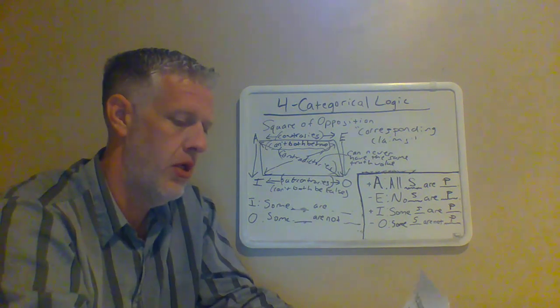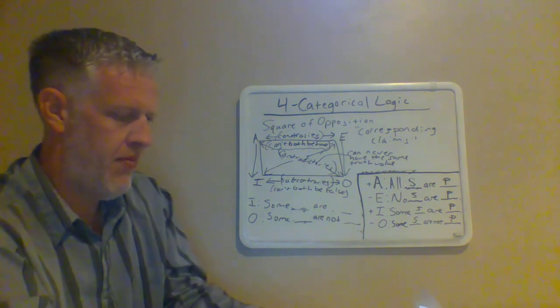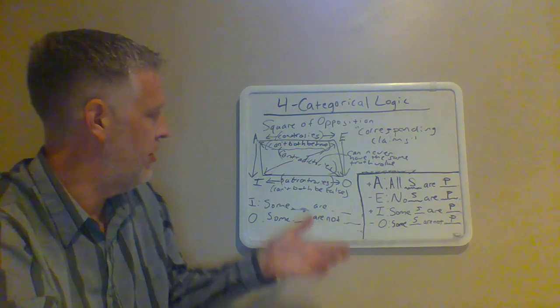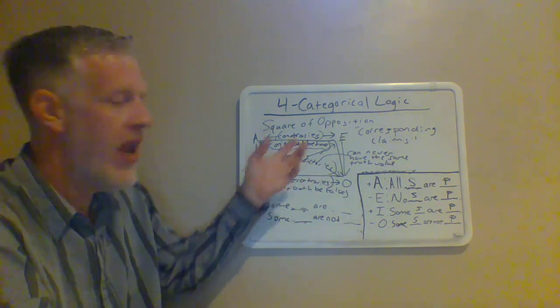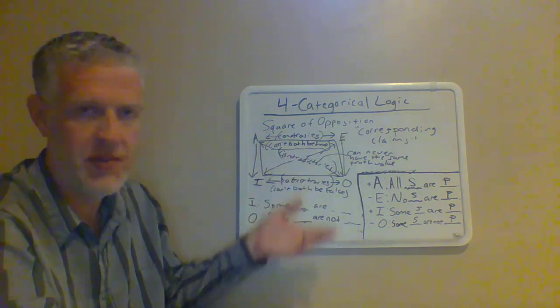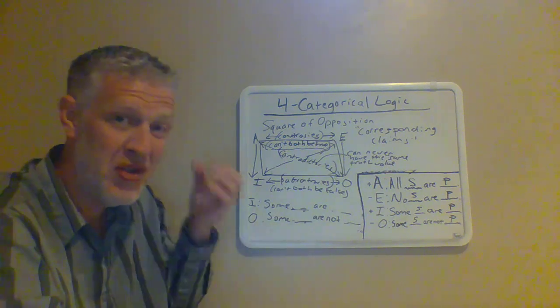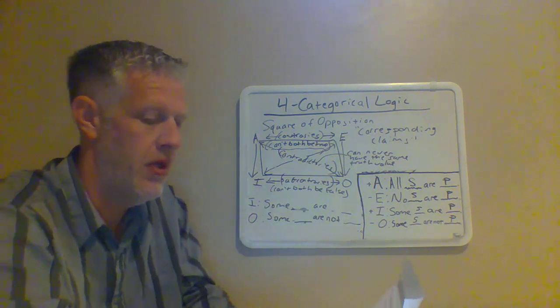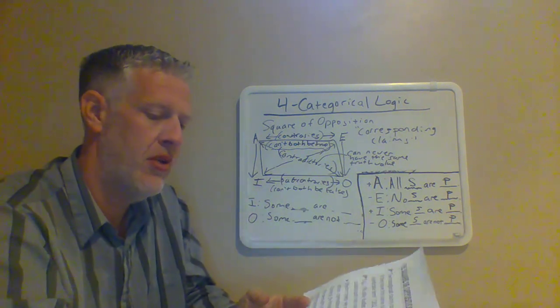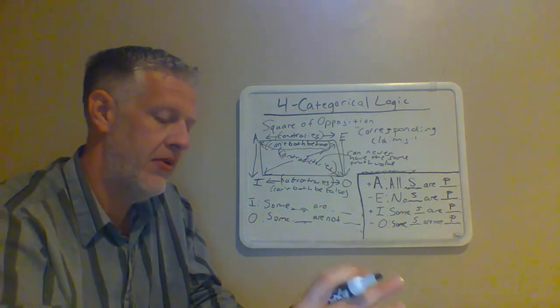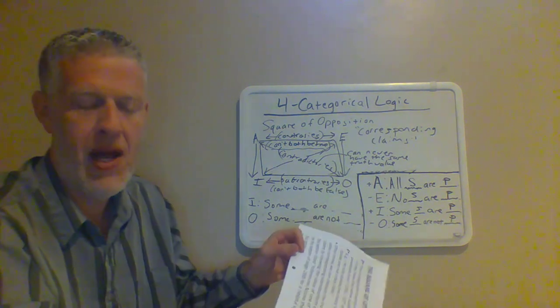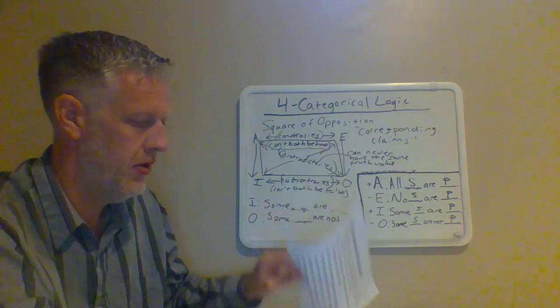They're said to correspond. And at the bottom of slide 9, I mentioned all those ways we can figure out the truth values of corresponding standard form claims based on just knowing the truth value of one to begin with. They have a nice little handy synopsis of it on the bottom of page 268 of our text.